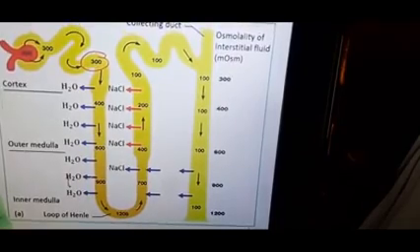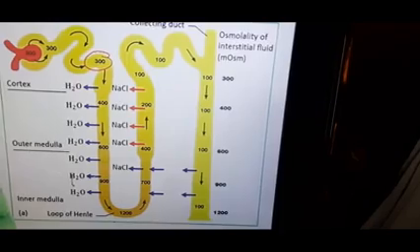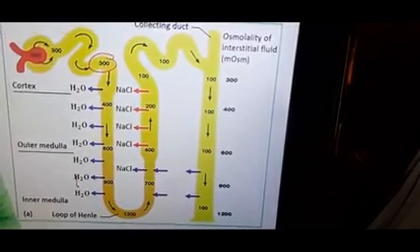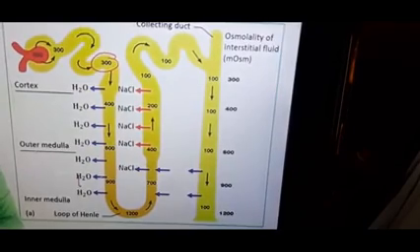Now, this osmolarity is maintained by different phenomena. So, in the first phenomenon, what happens?